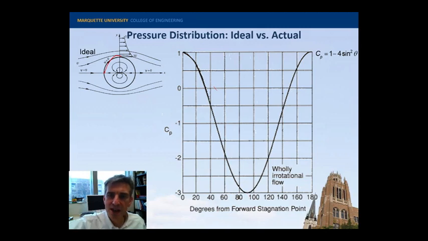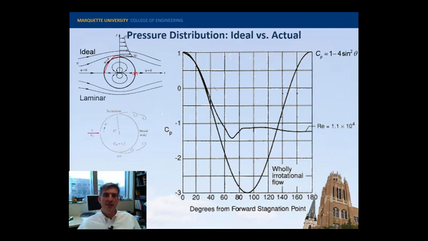This follows the same path up to the trailing edge stagnation where again, the pressure coefficient is equal to 1. So this is the ideal flow, right? Now, when you throw in separation, what happens is that the flow comes along and the velocity is increasing, but it's increasing in a positive pressure, right?